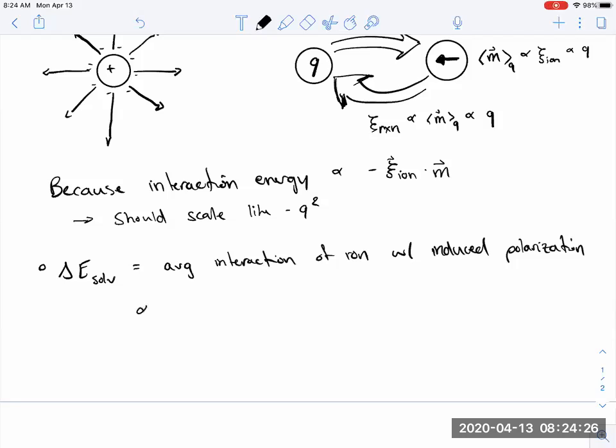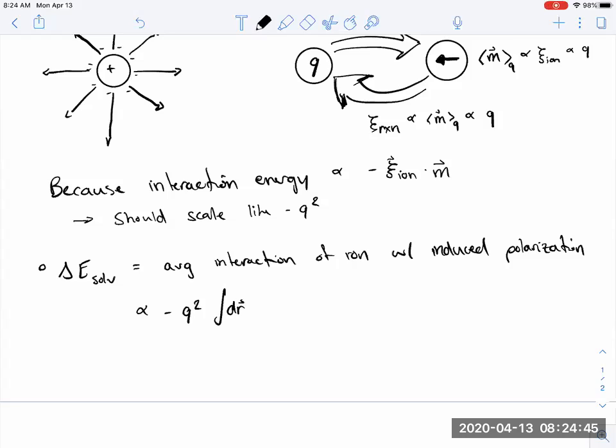It's going to be proportional to, as we just said, minus q squared. And now we're going to integrate over all of the dipoles that were generated, which are distributed in space.